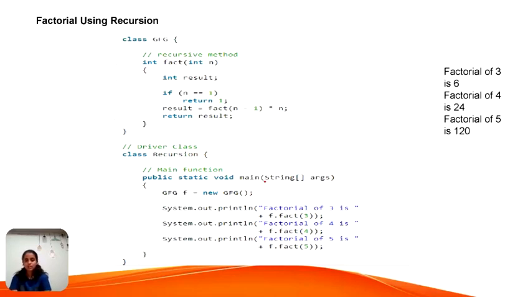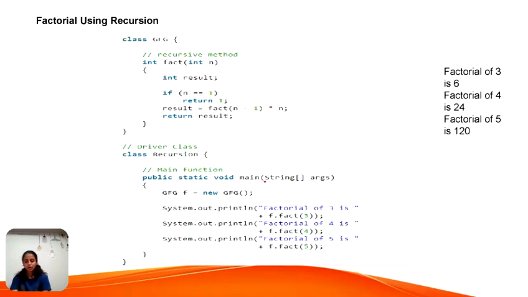Then the Recursion class is the driver class which contains the main function. In the main function, an object of the GFG class is created using the statement GFG f = new GFG.